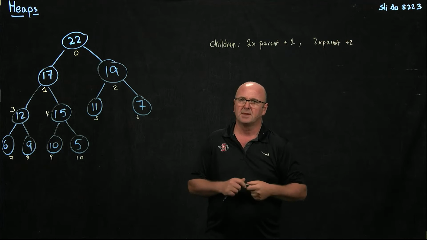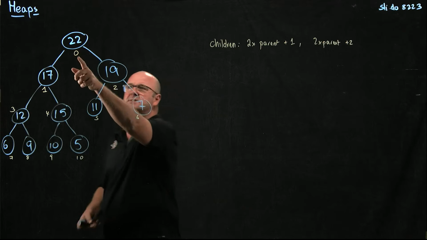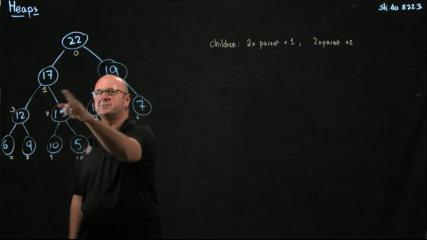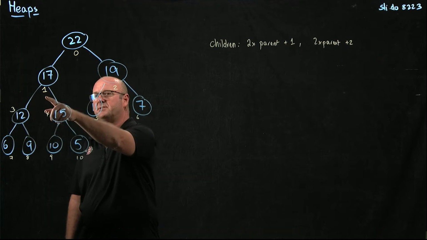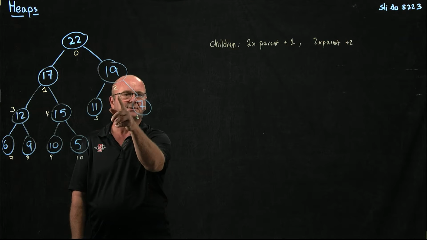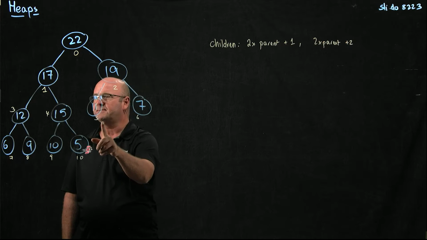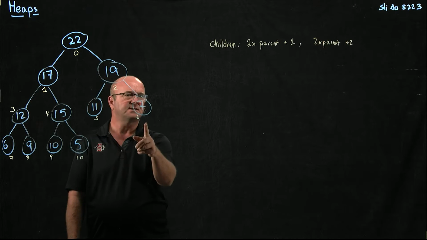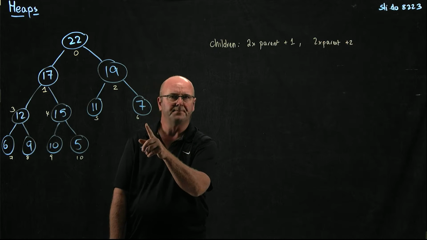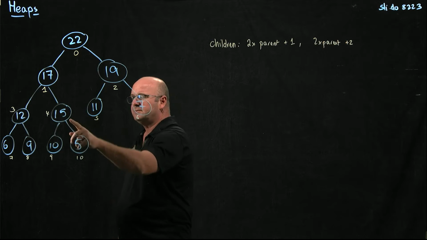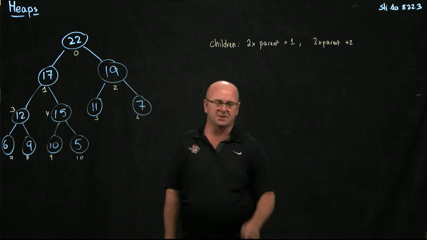That's true for all the nodes. The root node is node 0. Its 2 children are 1 and 2: 2 times 0 plus 1, 2 times 0 plus 2. Node 2's 2 children are 5, 2 times 2 plus 1, and 6, 2 times 2 plus 2. So for every node in the tree, that relationship holds.